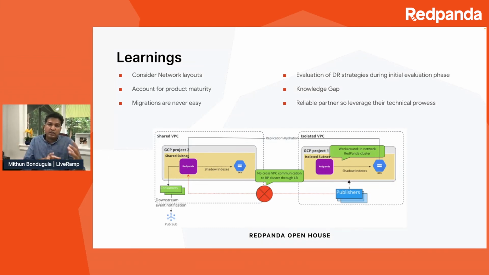But because Redpanda architecture uses the Raft protocol, we could not accomplish that. To work around that, we had to implement another Redpanda cluster in our isolated network and use replication to replicate the data to the Redpanda cluster in our shared VPC. That's a thing to watch out for if you have a similar network layout.